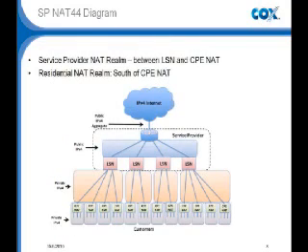So here's a nice diagram that I borrowed from Jeff Doyle. Thank you very much for that if you're listening. What this shows is basically what I just talked about before. You have the orange layer of private IP address space, which is the service provider NAT, bounded by the orange LSN and the CPE NAT on the bottom there.